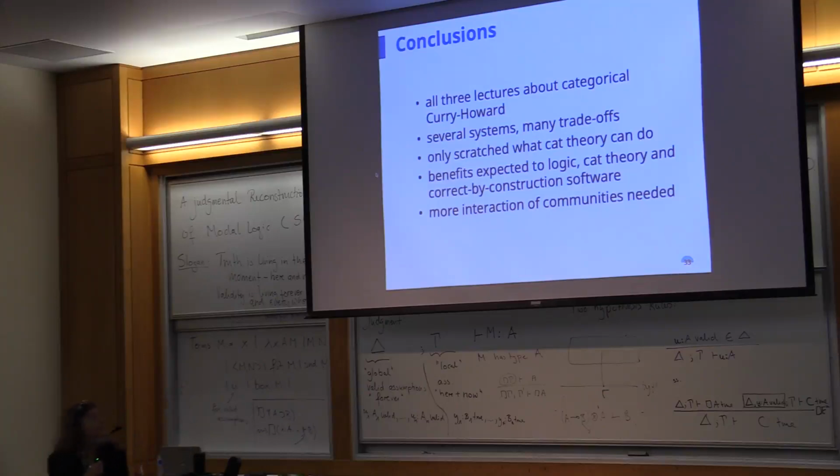And I think thinking along these lines of using the Curry-Howard both in the direction from logic to type systems and from logic to category theory, and in the backwards direction, looking at the type theories that are invented by people for implementations and then trying to think of them as theory, both directions are very helpful and provide benefits to logic, to category theory, and to software that we're trying to prove correct by construction.